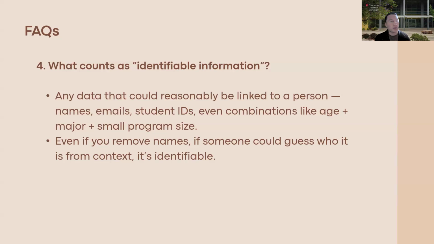Sometimes even if you remove the names, if someone could guess who it is from context, it's still considered identifiable. So for example, if you're collecting data in a small, 20-ish person company, then sometimes age alone could be identifiable, could be linked to a certain individual.